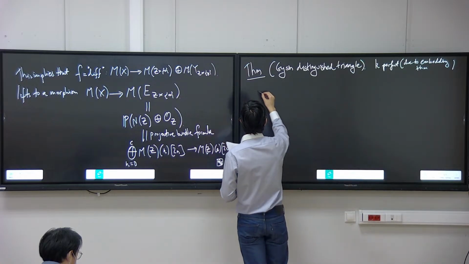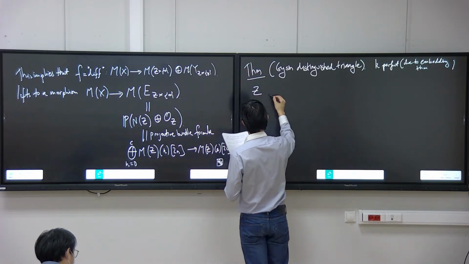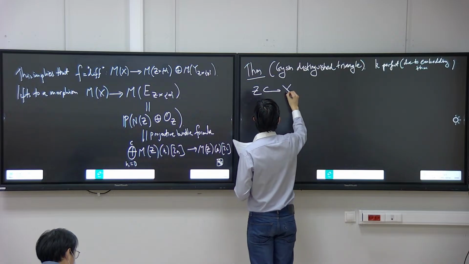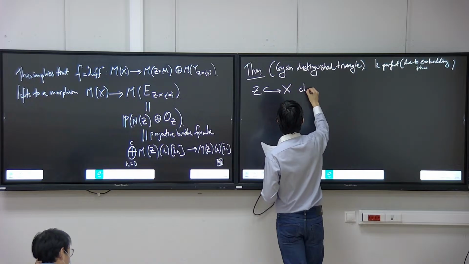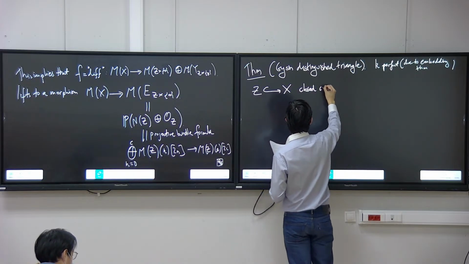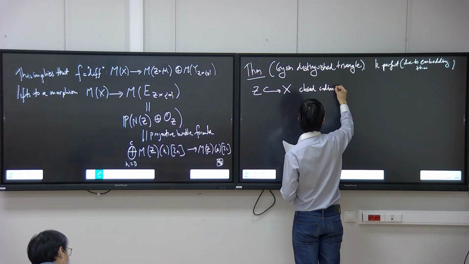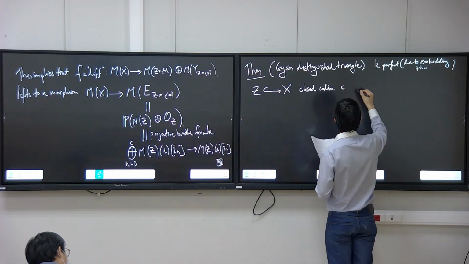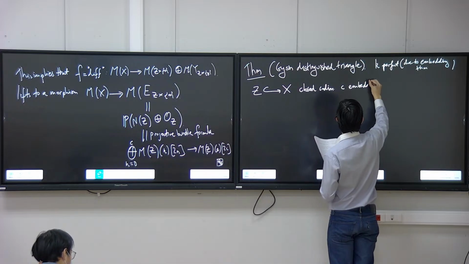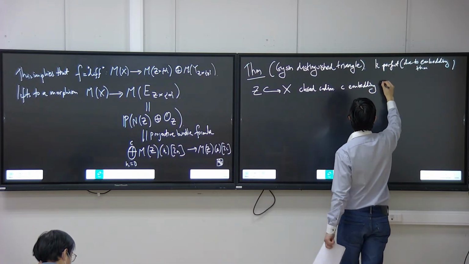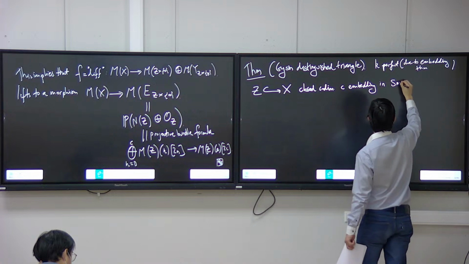So let Z to X be some closed codimension C embedding of smooth separated schemes.